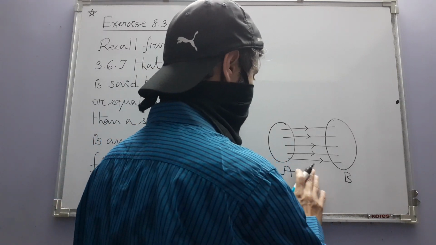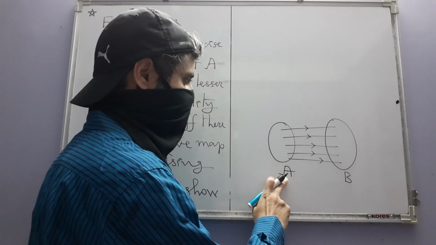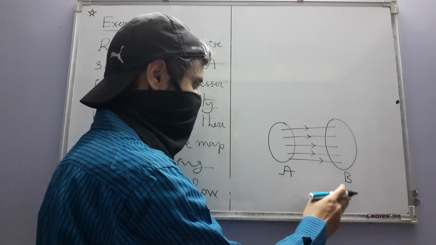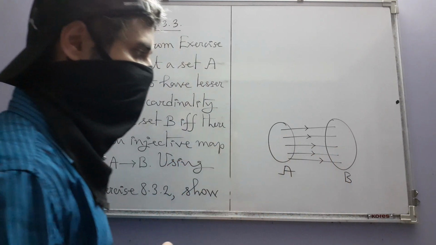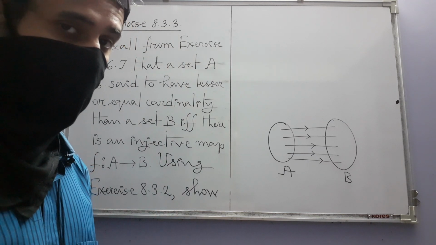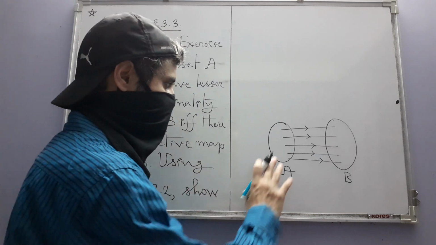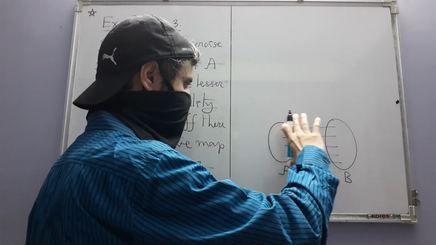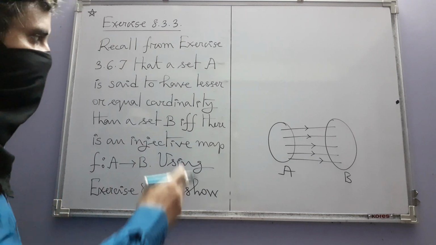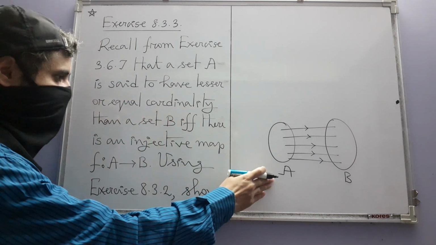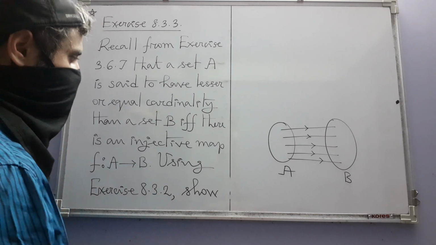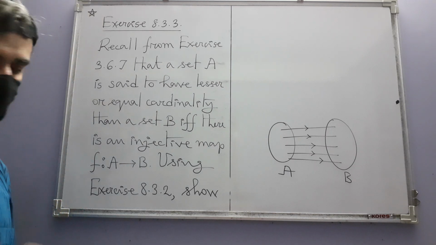So we can see that in a sense, B has at least as many elements as A has, but additionally there may be more in B or may not be. So in that sense, the size of A is less than or equal to the size of B, or more precisely that A has lesser or equal cardinality to B. Okay, so let's now see how this can be proved.